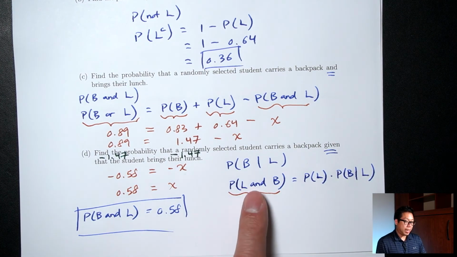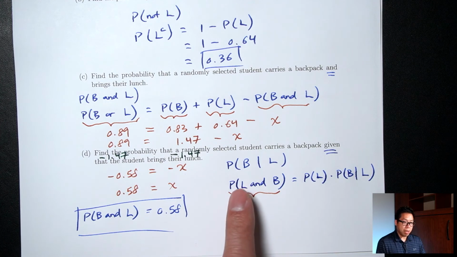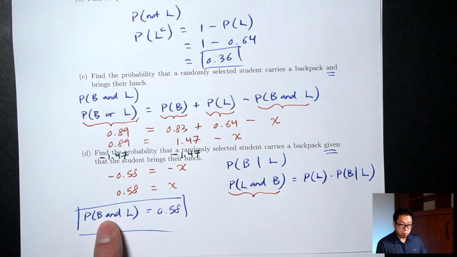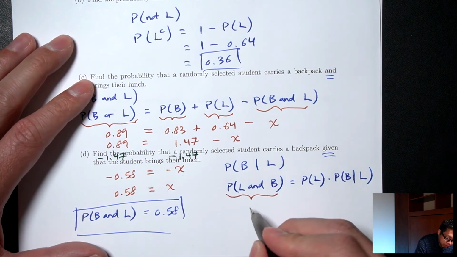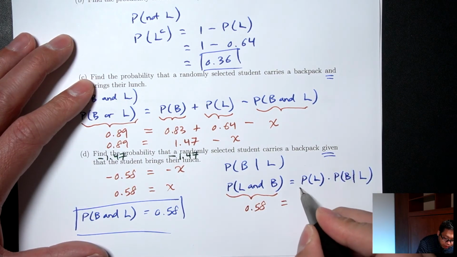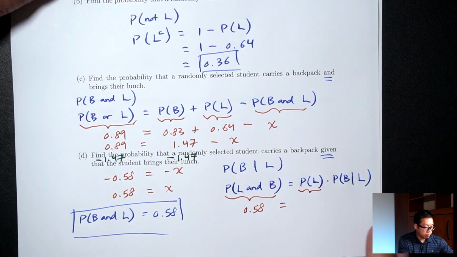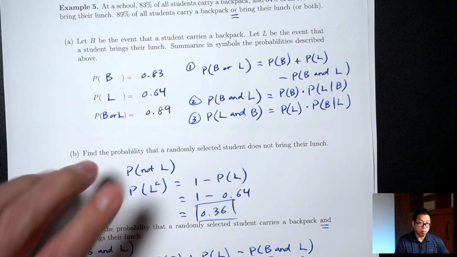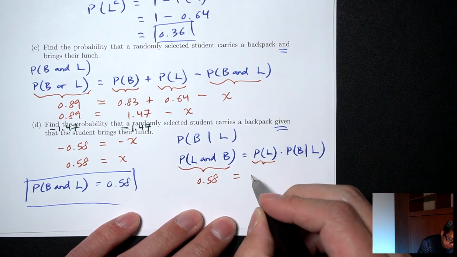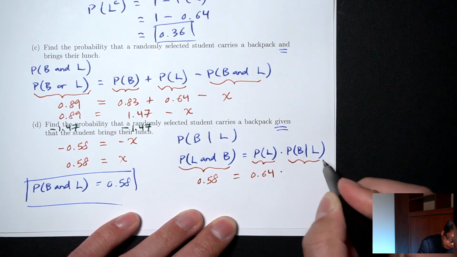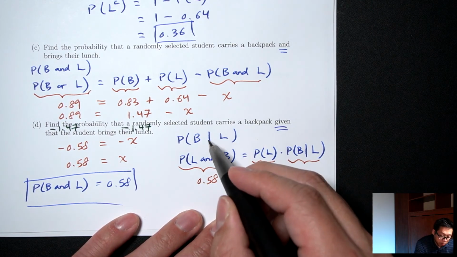Remember I said the order does not matter, so L and B is the same thing as B and L, and B and L, we actually know, is 0.58. That equals the probability of L, which is 0.64, times B given L.